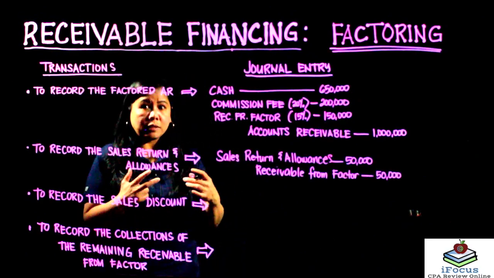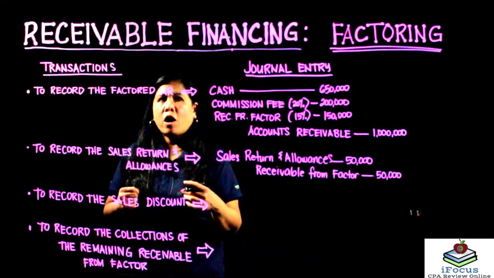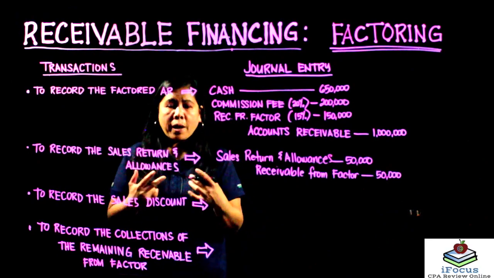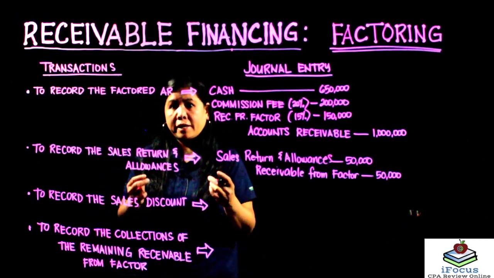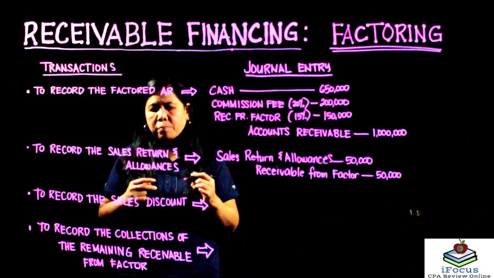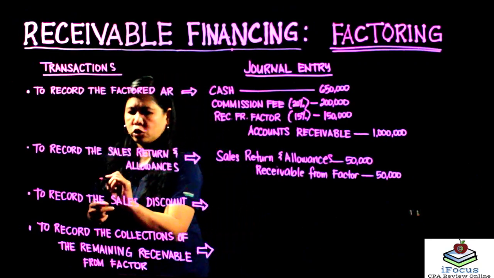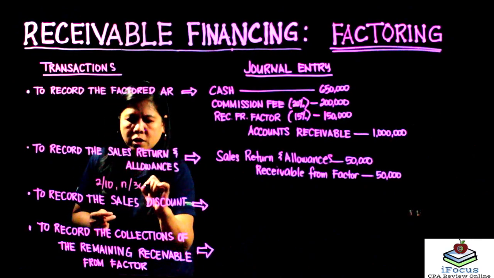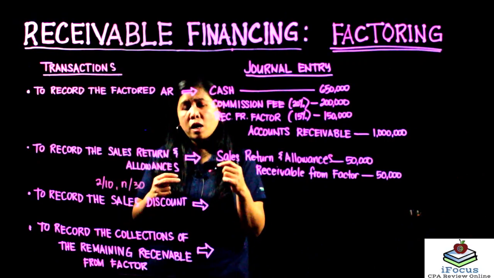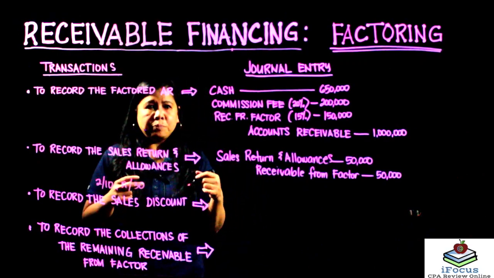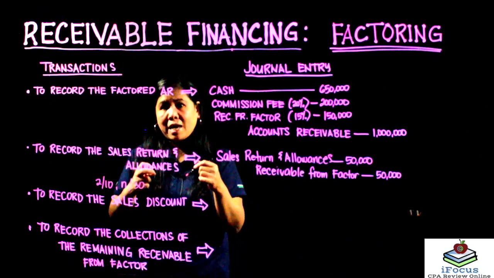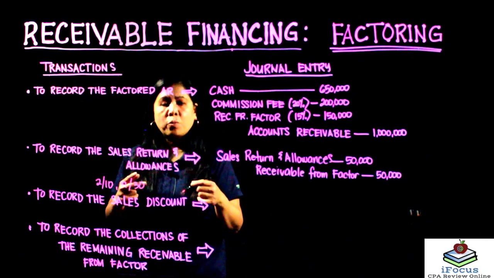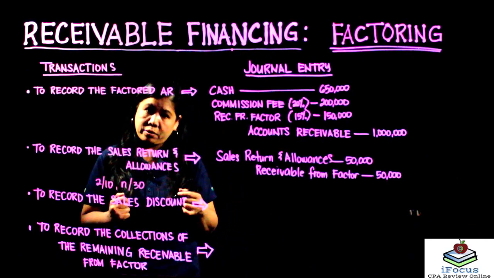To record the sales discount, remember, to encourage our customer to pay promptly, we offer cash discounts. If you remember the terms like 2/10, n/30. That means if the customer pays the accounts receivable within 10 days, the discount period, then they will avail a 2% discount.